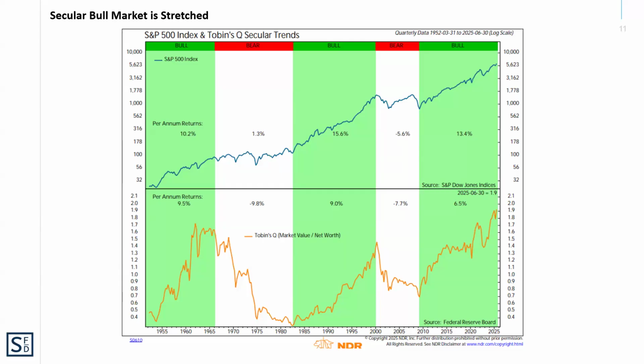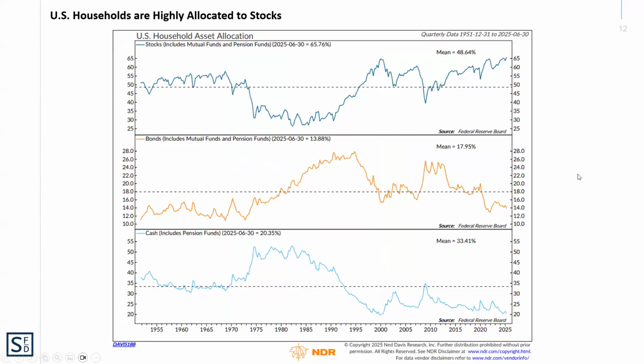But the bottom clip shows that market value as it relates to net worth is stretched to essentially an all-time high here. So that tells us that the market has gone really far relative to the net worth that can support those stock prices. And that's a bit of a warning sign to us that the longer term secular trend is quite stretched here and something to pay attention to.